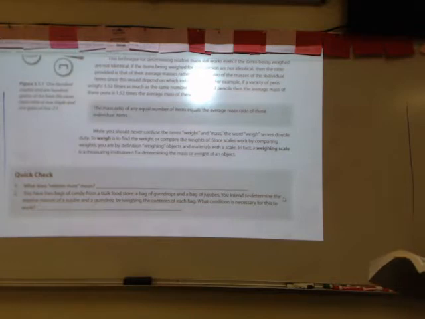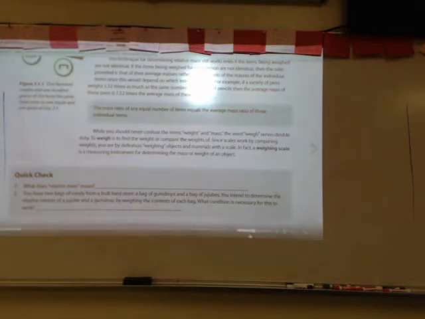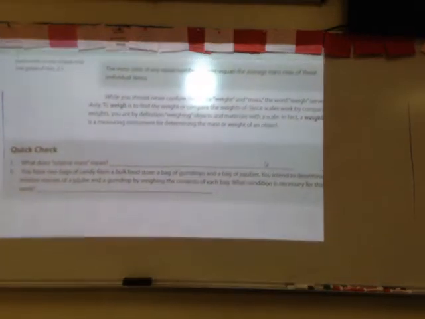A weighing scale is just a measuring instrument for determining the mass or weight of an object. Technically, the mass never changes whether you're on the surface of the moon or the earth, but weight changes because it's based upon gravity.